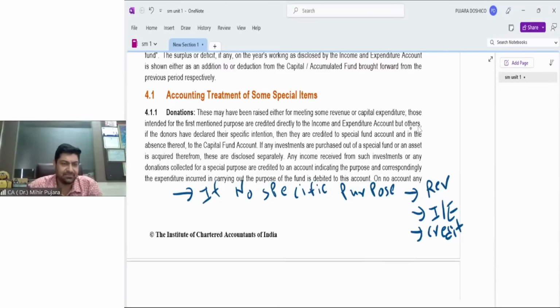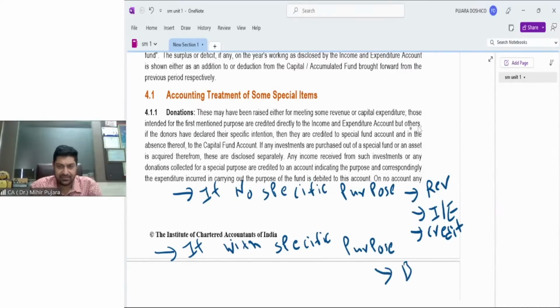But if it is with a specific purpose, then it is part of the balance sheet, liability side.